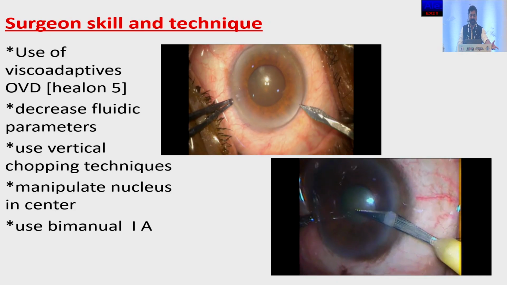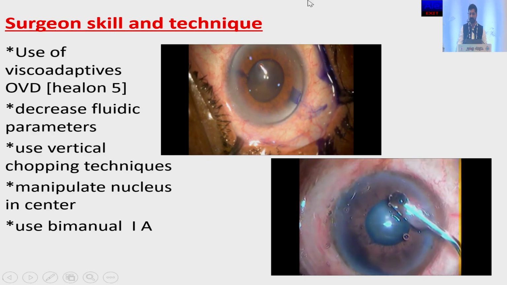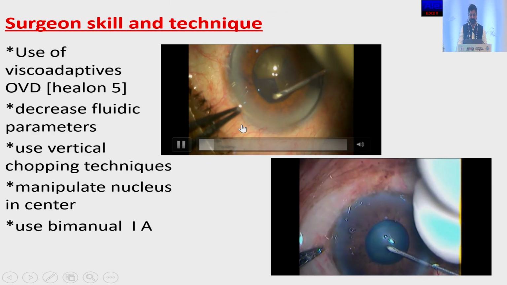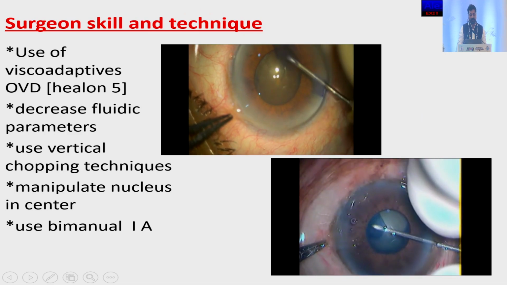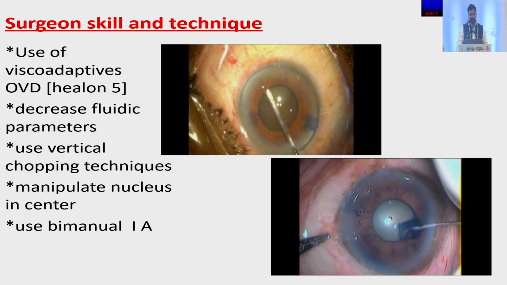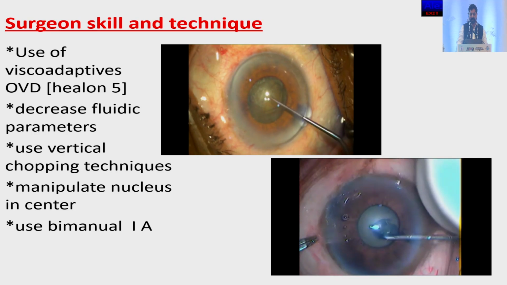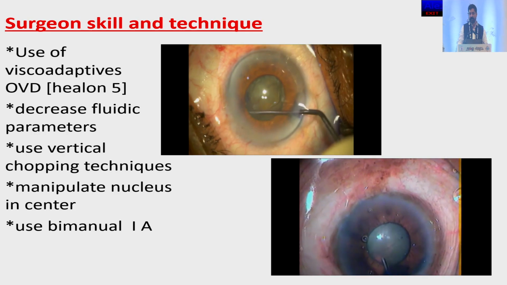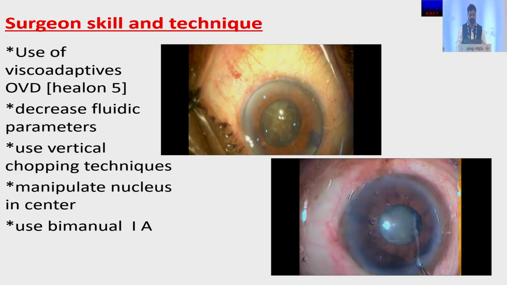Surgeon skill and techniques, even without using any pupil expansion device or hooks. Use a good OVD. Here I suggest decreasing the fluidic parameters, because if the parameter is more, the iris will come through the main port or side port incision.